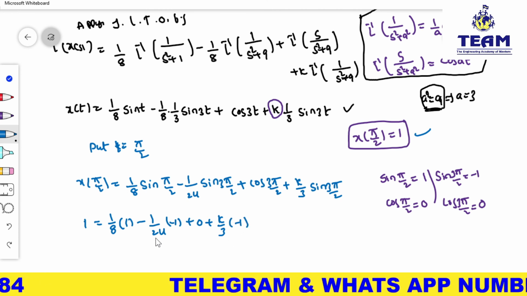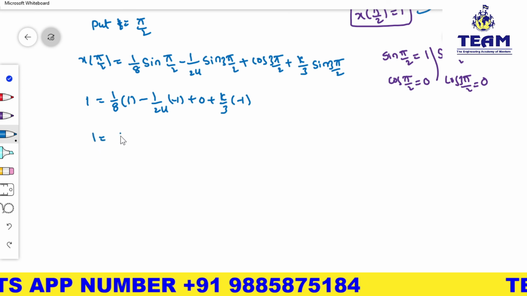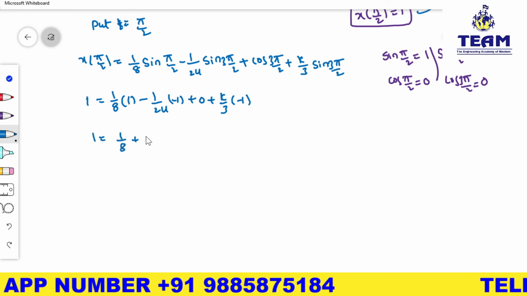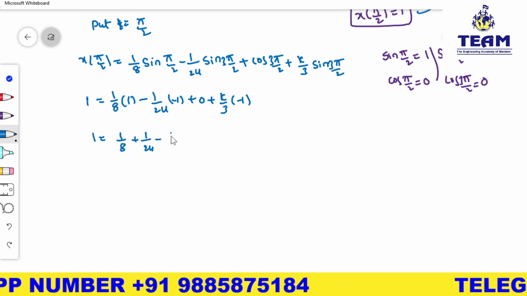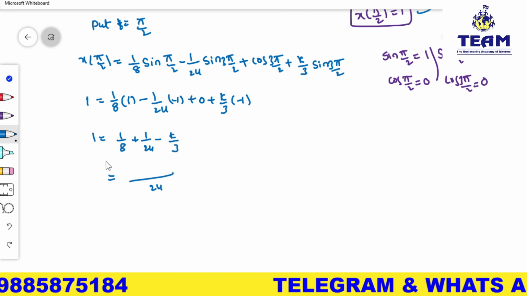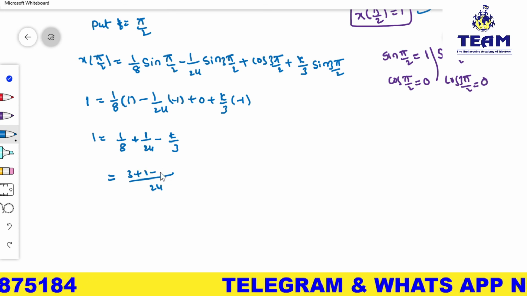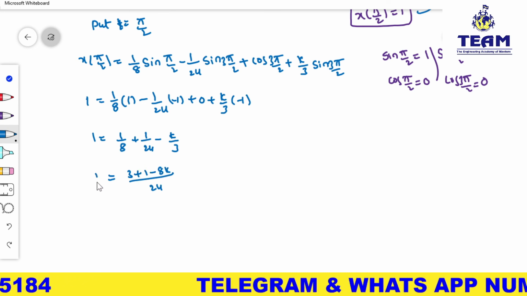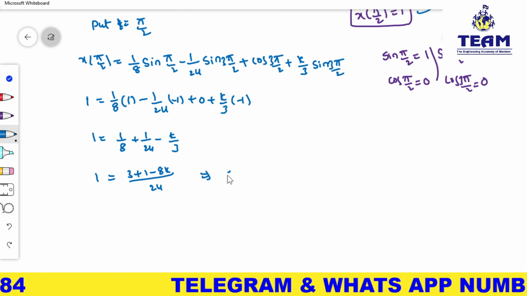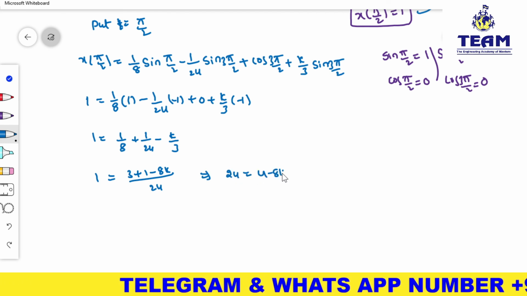So now you have to simplify and you will get the k value. Then 1 is equal to 1 by 8 plus 1 by 24 minus k by 3. So the LCM is 24. If you simplify, this is 3 and here you have 1. This is minus 8k, which is equal to 1. So if you simplify it, then you will have 24 is equal to 4 minus 8k.